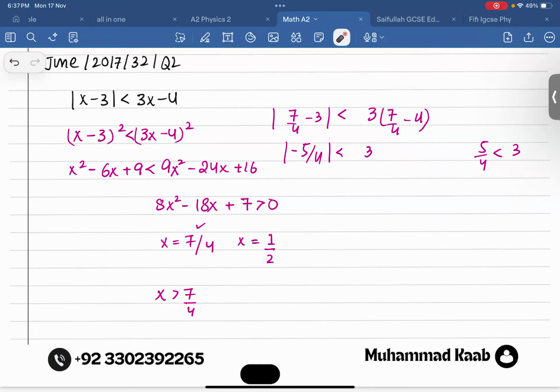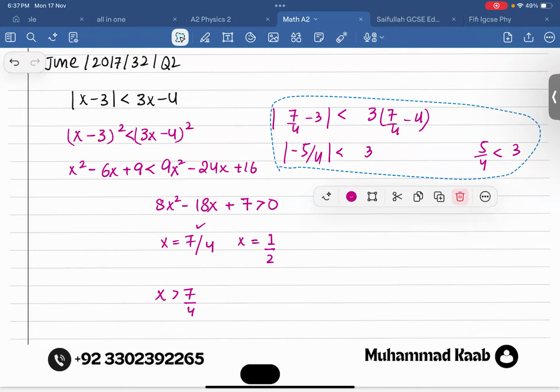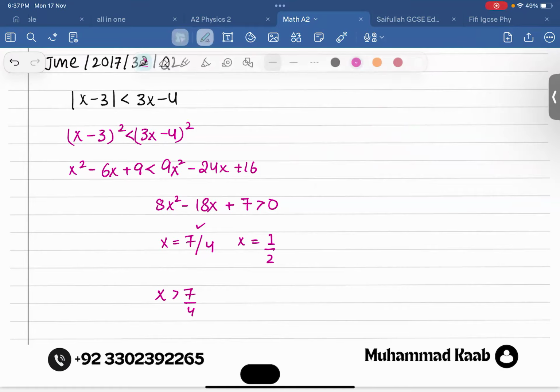And if we put 1 over 2 in everything, so |1/2 - 3| with modulus, and then 3 times 1 over 2 minus 4, so 3 over 2 minus 8 over 2, so minus 5 over 2.